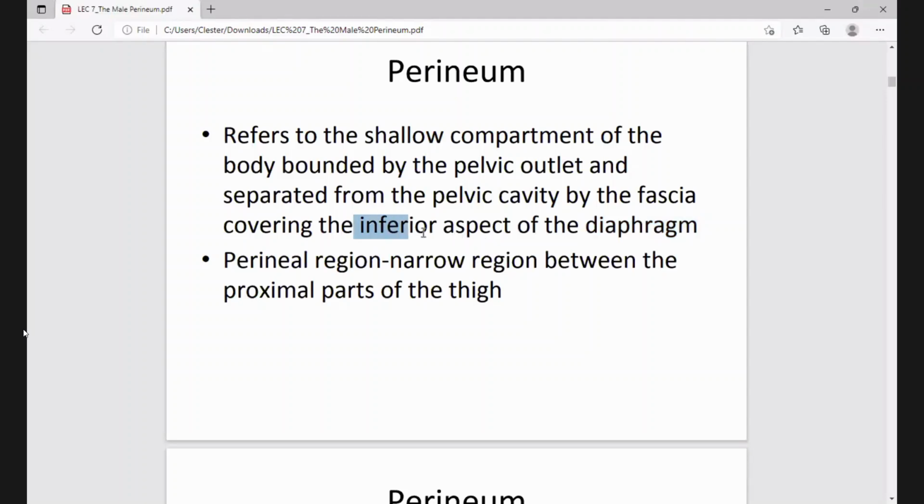The inferior layer, or parietal layer of pelvic fascia, covers the undersurface of the diaphragm and serves as a demarcating line of the perineum below. So everything below the diaphragm and the fascia that covers it is already the perineum.